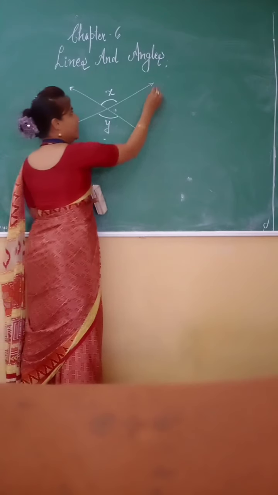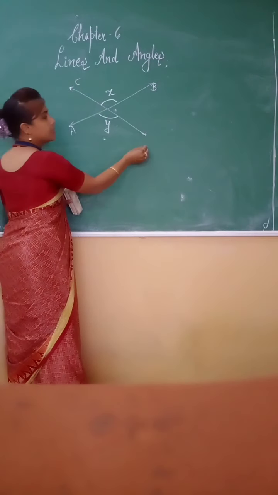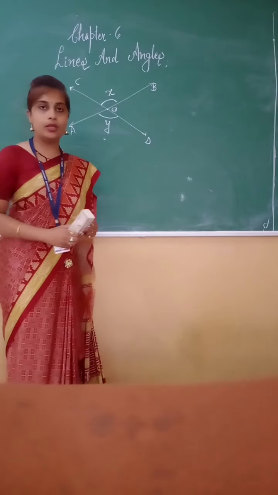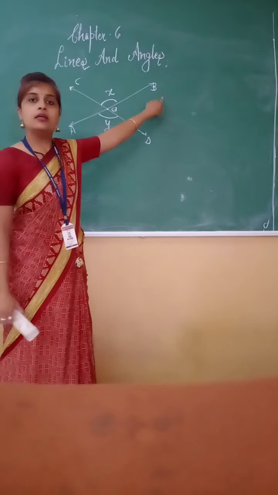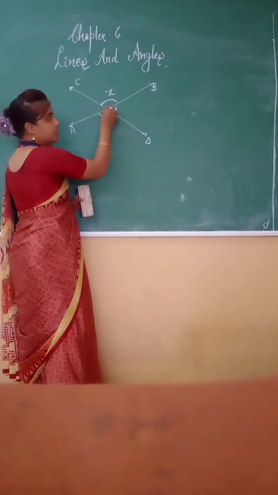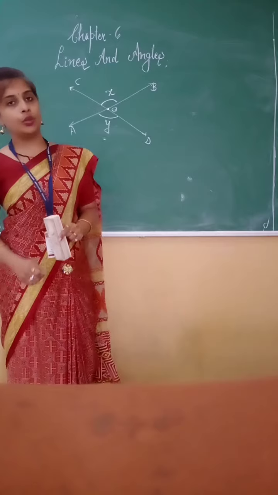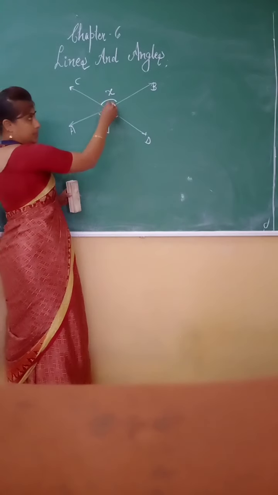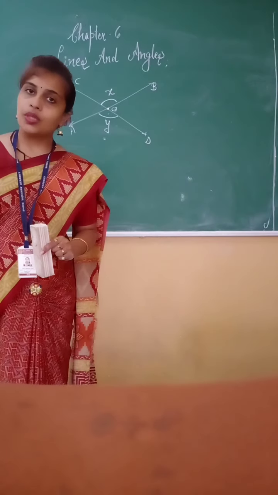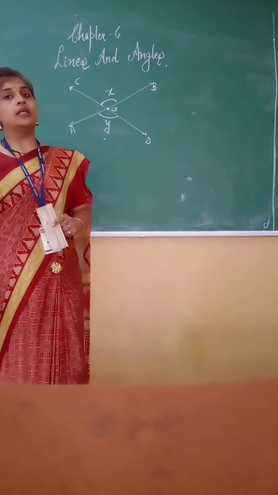Suppose this is line AB, this one is line CD. It intersects at point O. We are having two lines, one is AB, another one is CD, and both these lines intersect at point O. Then what is the relation between X and Y? What is the relation between these two terms?